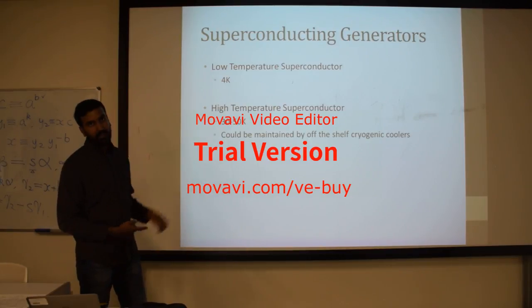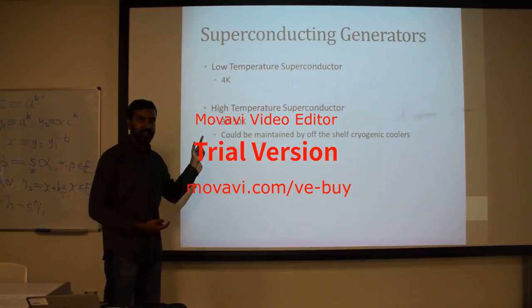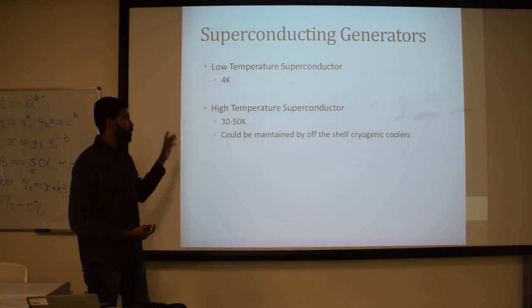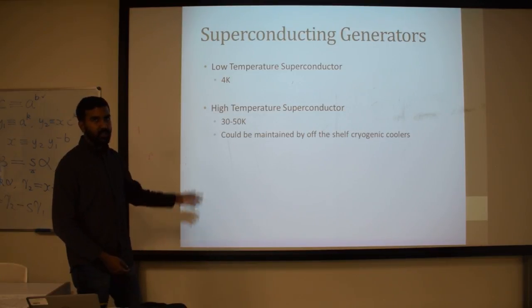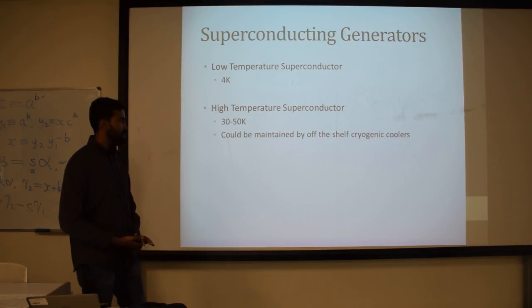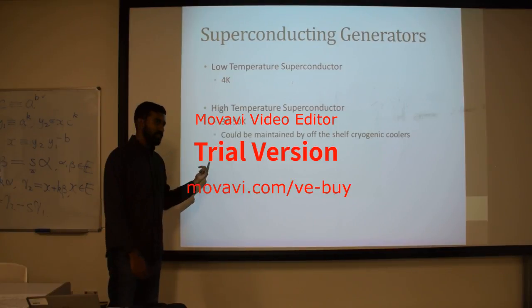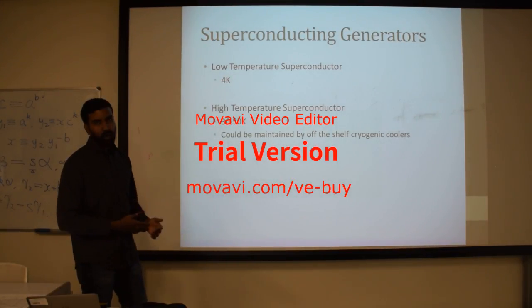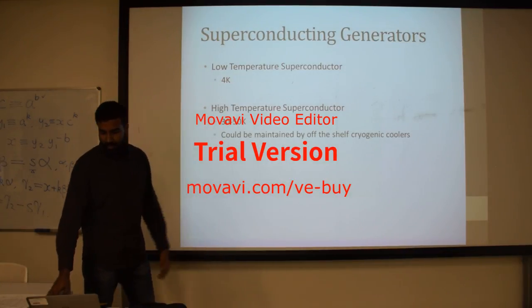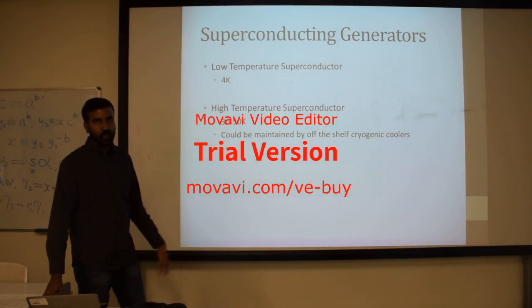As you can see, the low temperature superconductor operates at 4K, which is very low, so the only technology being looked at seriously is the HTS, which has a 30 to 50K operating temperature. They are being looked at seriously because the cryogenic technologies to keep the temperature are already available in the marketplace and can be bought off the shelf.